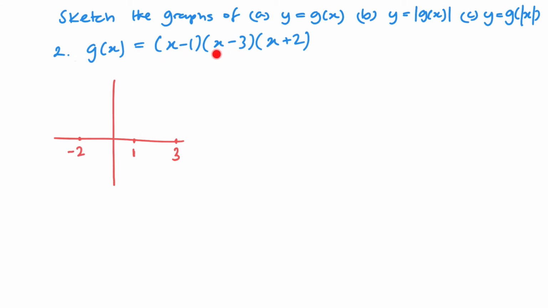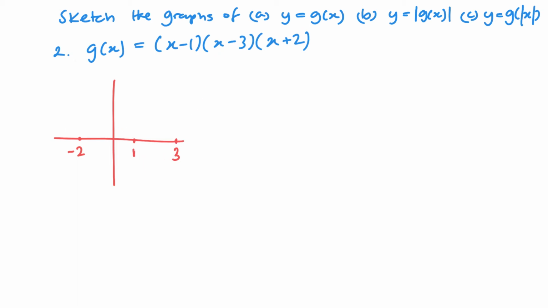Obviously coming from my 3 roots here. If I look at the x's, it's a positive x cubed, which means it's going to be going up this way. So you think back, it comes from the bottom and up.